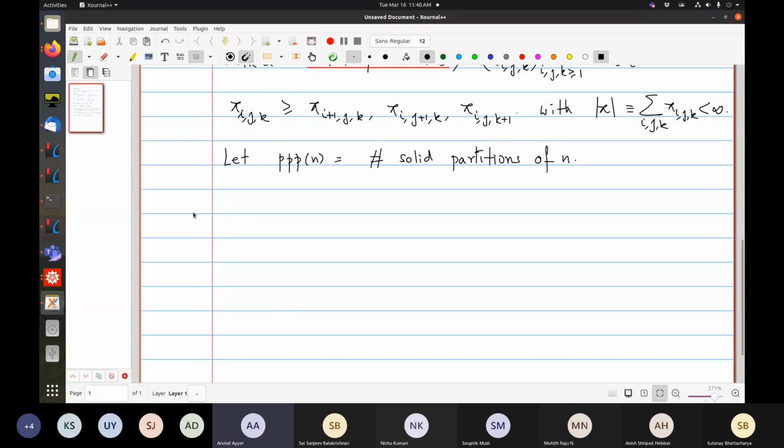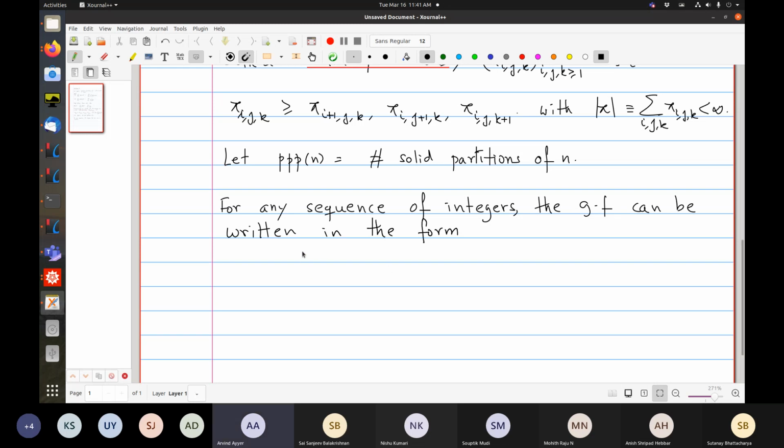Now it turns out for any sequence of integers, the generating function can be written in the following form.